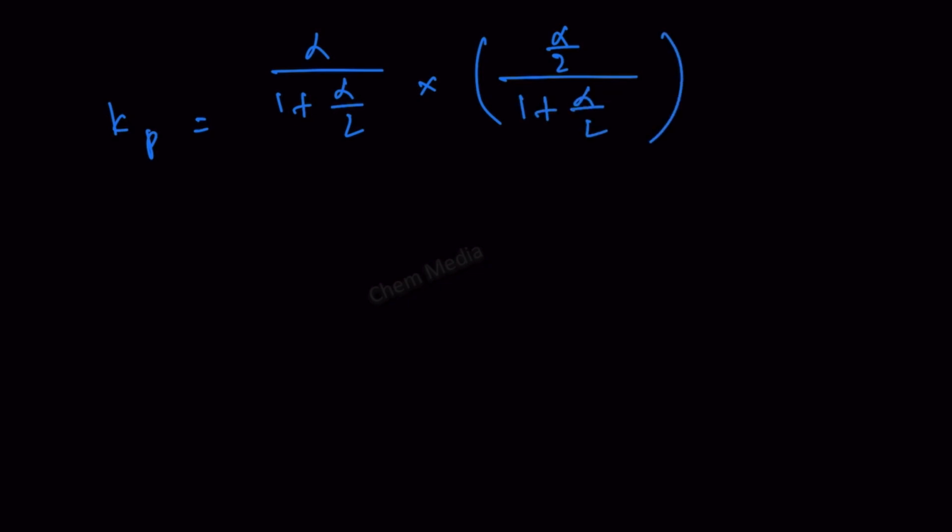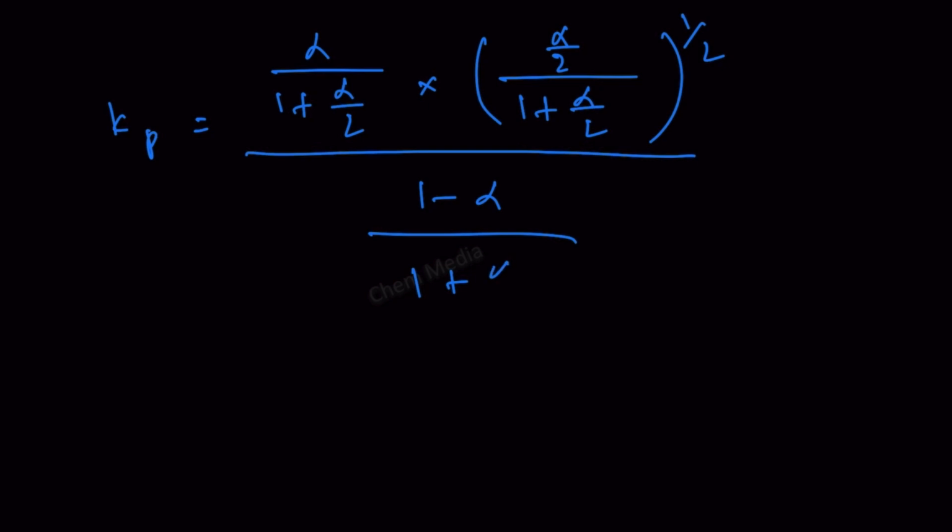So let's insert everything. Therefore, Kp is equal to alpha divided by 1 plus alpha by 2, times alpha by 2 divided by 1 plus alpha by 2, to the whole power 1 by 2, whole divided by 1 minus alpha divided by 1 plus alpha by 2.